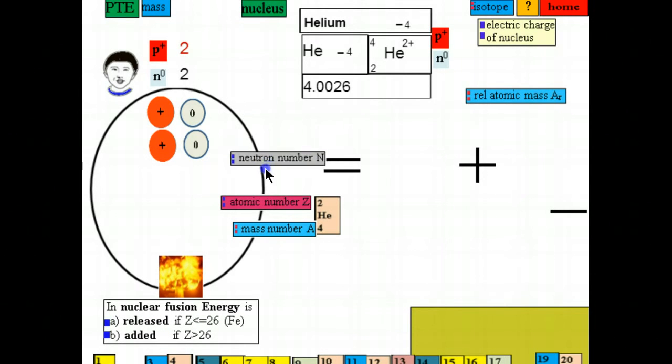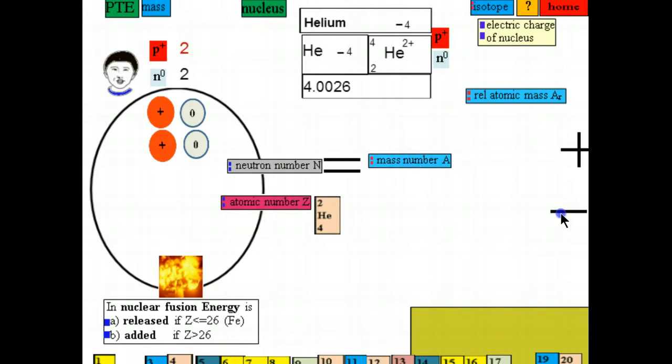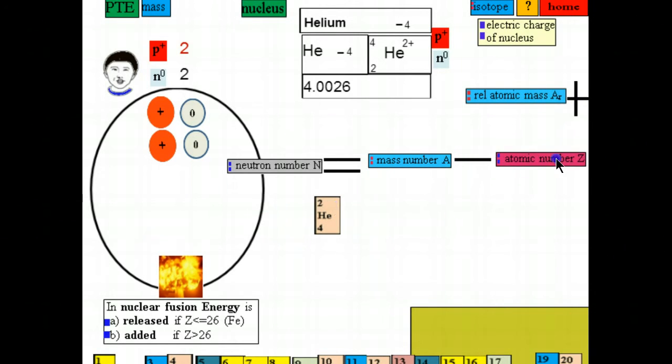And this is very simple. You put the neutron number over here, and you take the mass number and deduct from the mass number the atomic number Z, and that gives you the neutron number N.